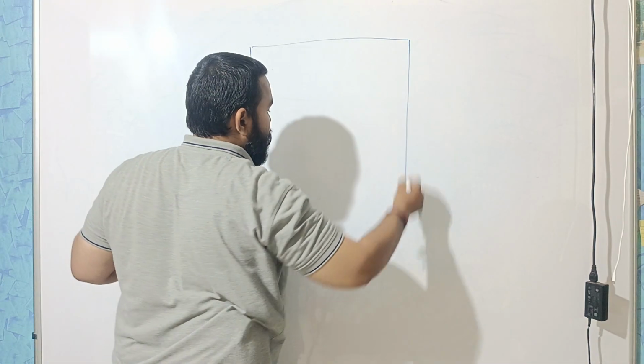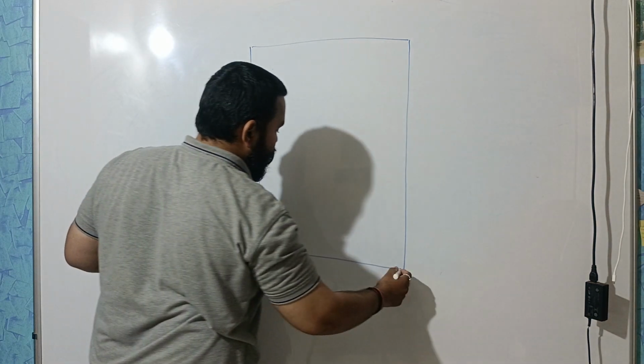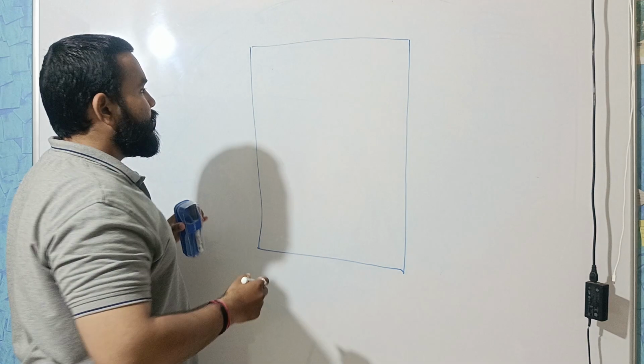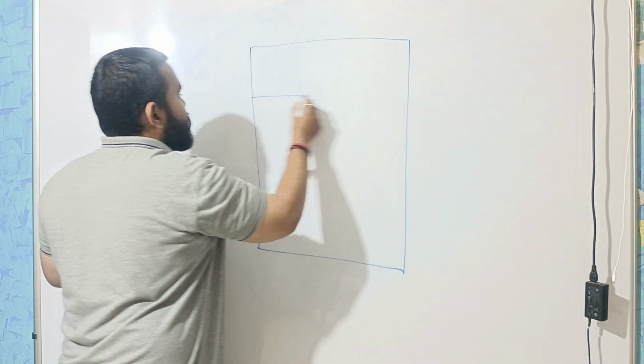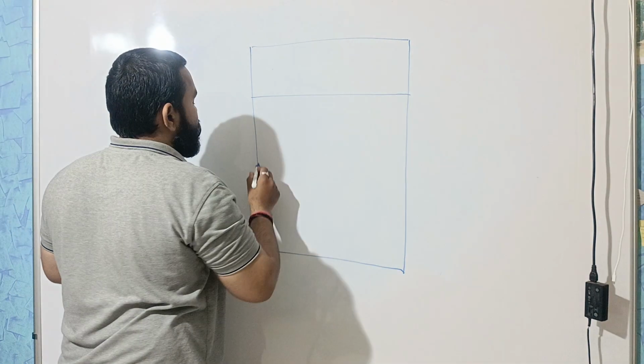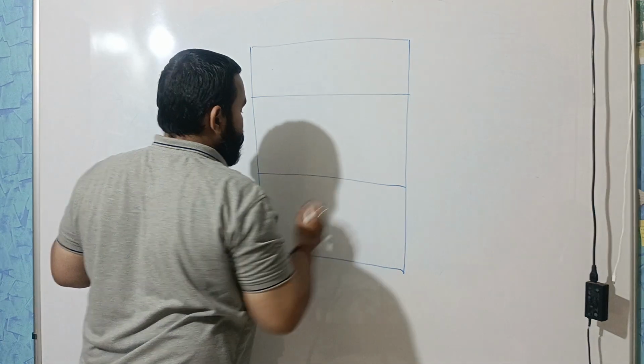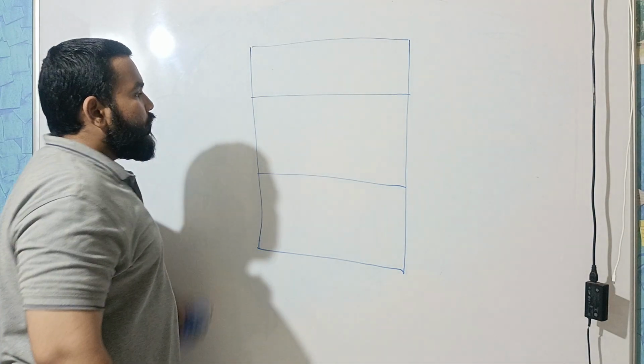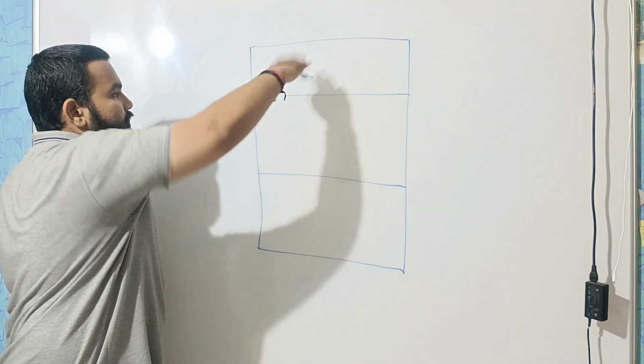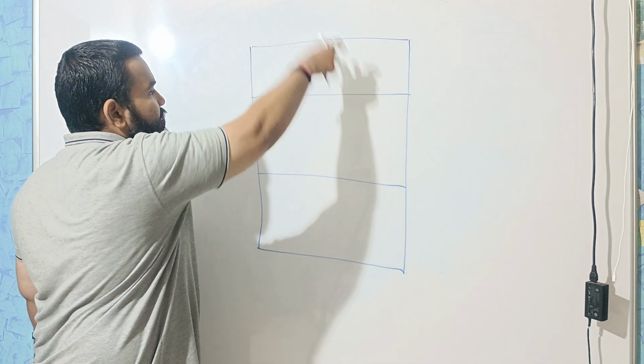Let's say this is the total crust, mantle and core, the total plane. This is crust, this is mantle and this is core. But within the crust there are two formations, lower crust and upper crust.